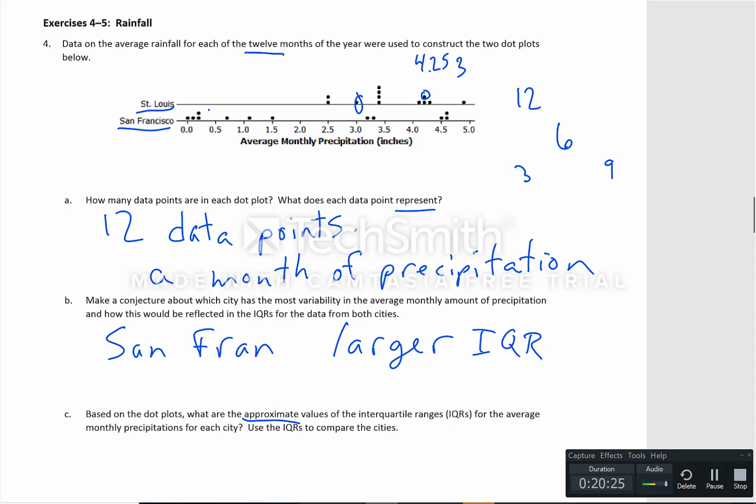So if I subtract those two for St. Louis, that's going to give me 1 1/4 of an inch. For San Fran, again, since it says approximate, I'm going to look for that third one about, and the 9th one.